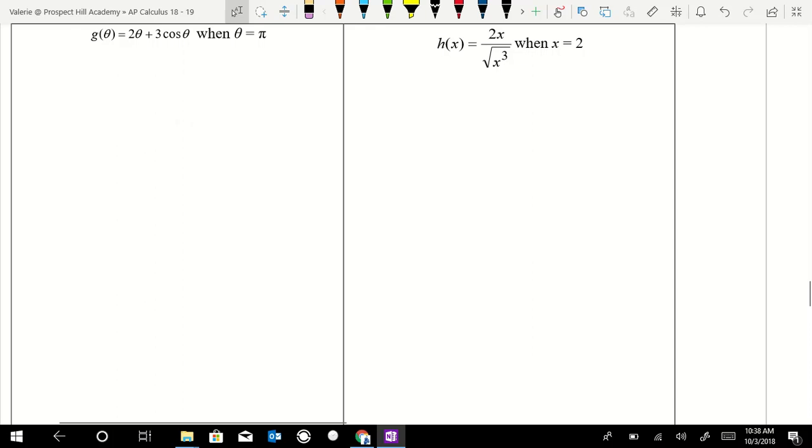The first thing we want to find is our derivative. And to find our derivative, we need to rewrite this in polynomial form. So the square root of x cubed can be rewritten as x to the 3 halves.